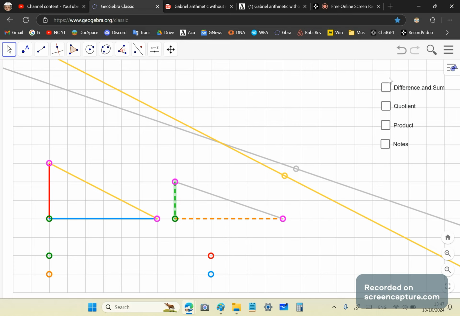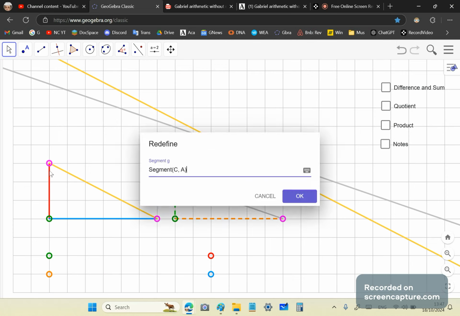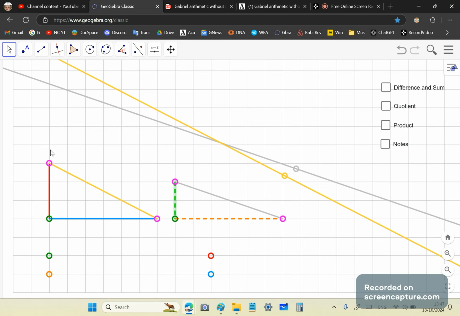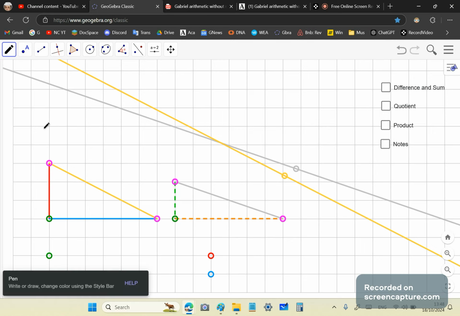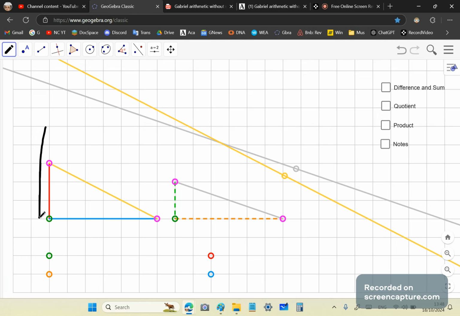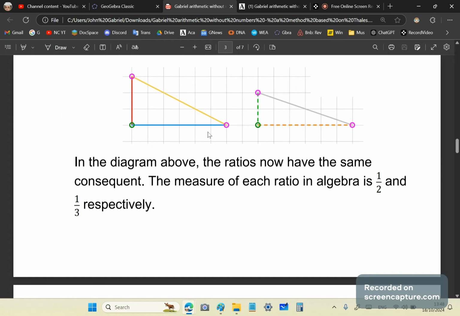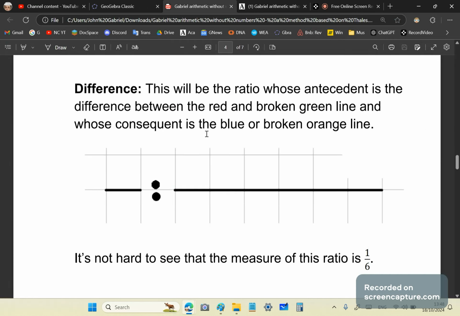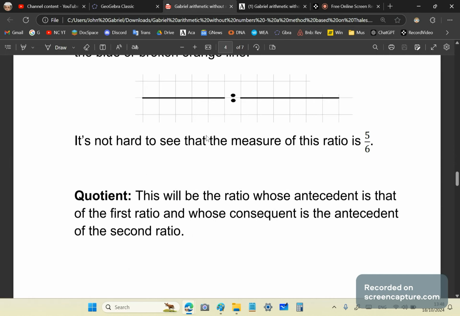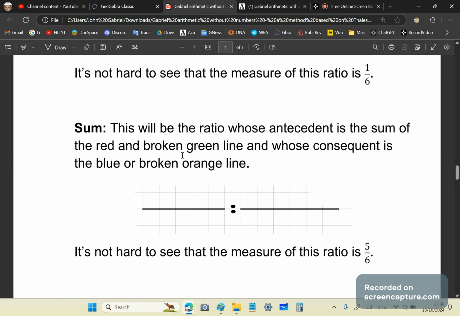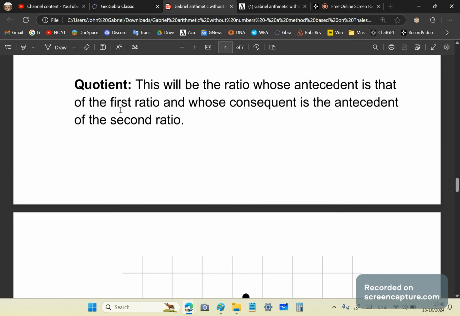So that's the difference. Now, if you have to take the sum, then you just concatenate the red line to the broken green line, and how much will you have if you do that? You'll have 5 blocks, right? So the sum will be 5 6ths. And that's what you'll see in the article.